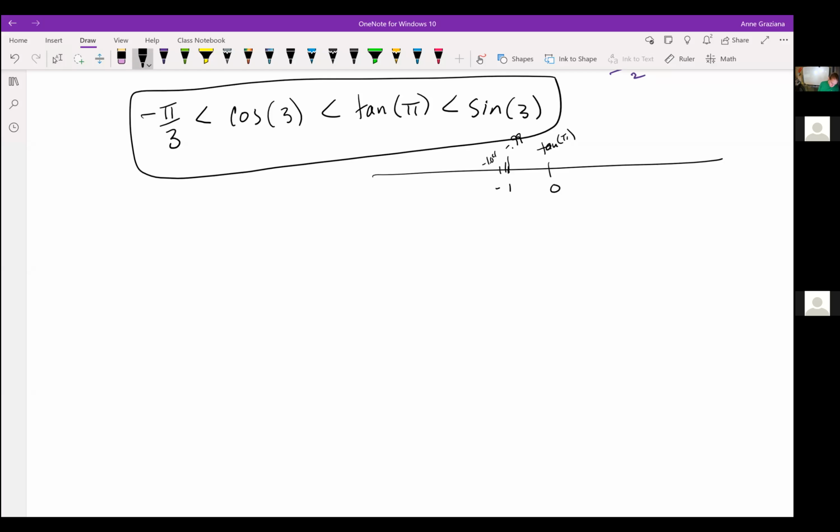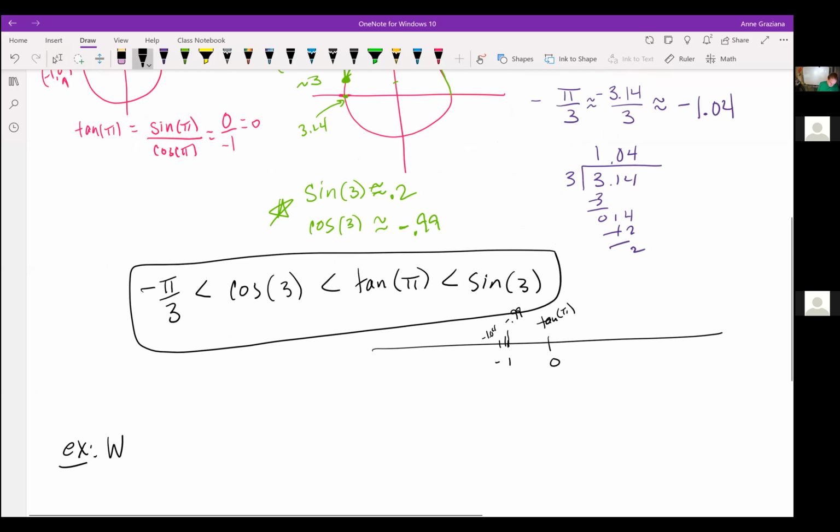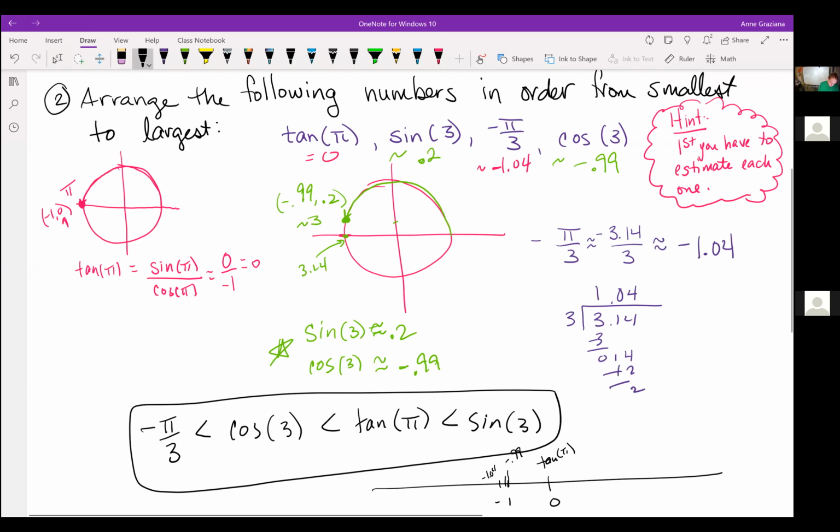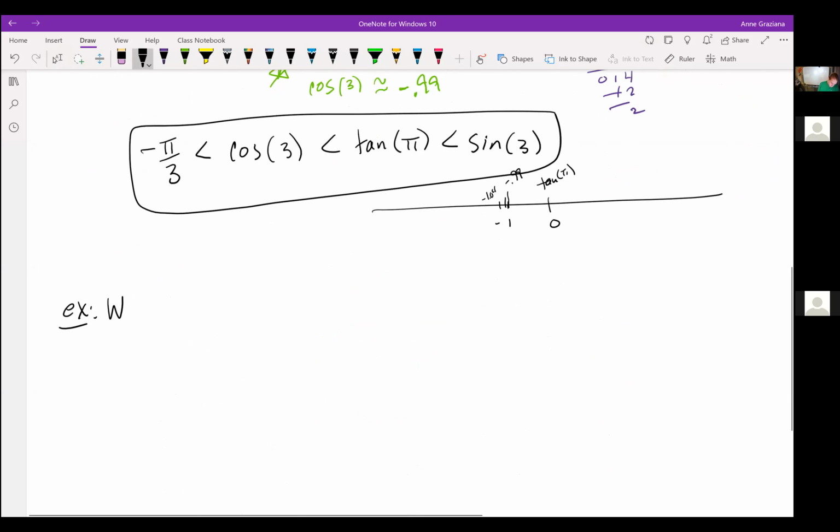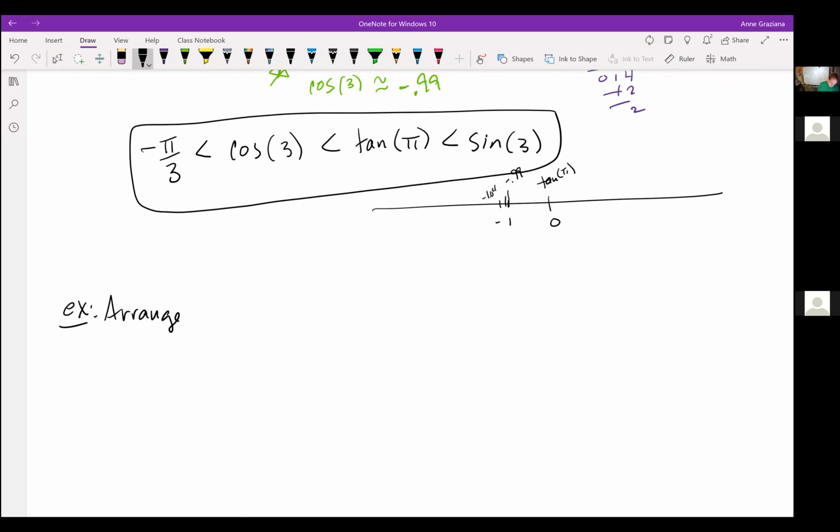All right. So, what are my directions here? Arrange in order, smallest to largest. Sorry, the writing paused on me.